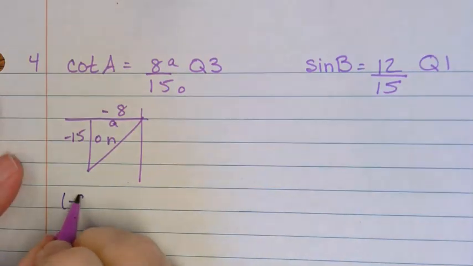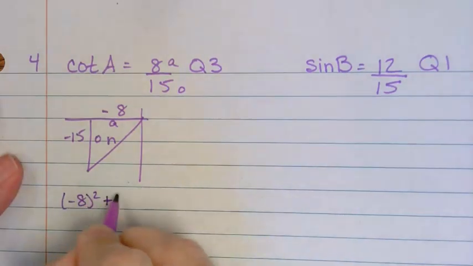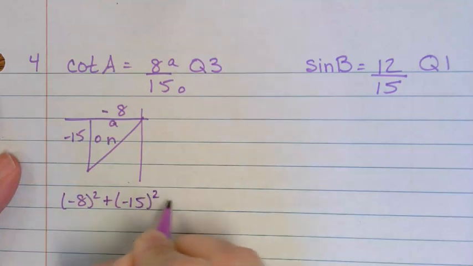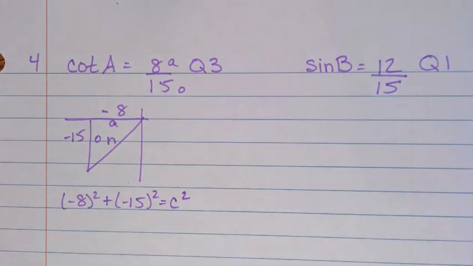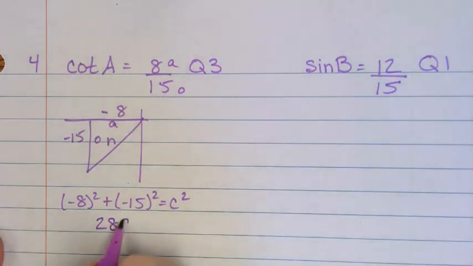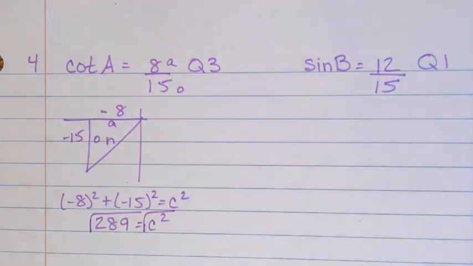So negative 8 squared plus negative 15 squared equals c squared. Now I'm going to type all that in. 8 squared plus 15 squared is 289. Take the square root. I believe that's 17.